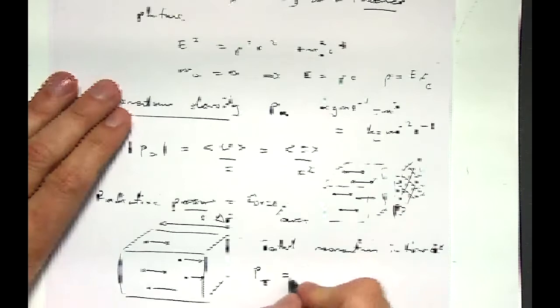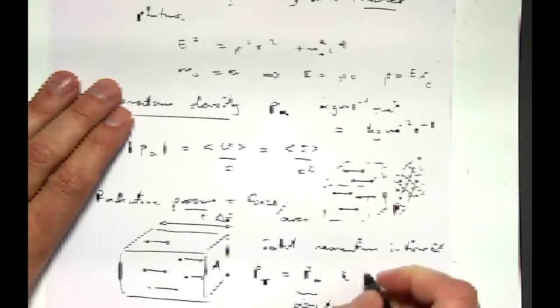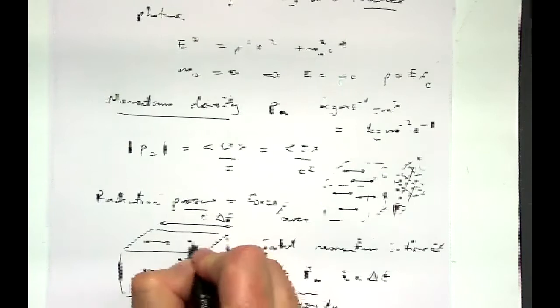The momentum transferred is equal to the momentum density P_A, just to remind ourselves it's the density, times the area at the end there, times c delta t. Okay, right. So whatever the momentum density is, whatever the area is, that's it. But I can immediately see that that's just the volume, isn't it? That's the volume of that box.